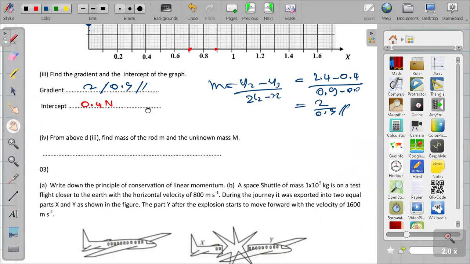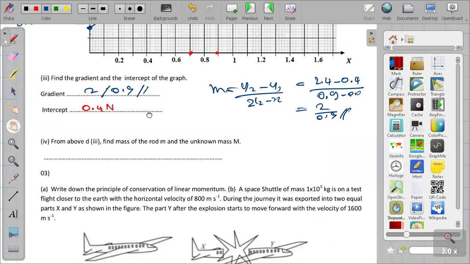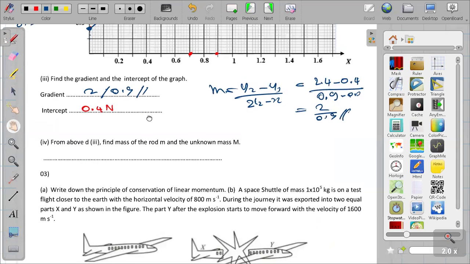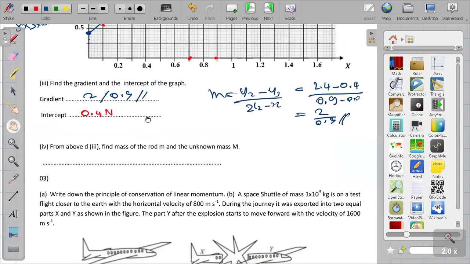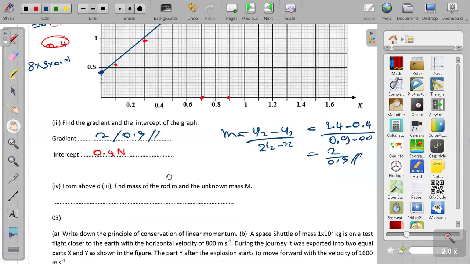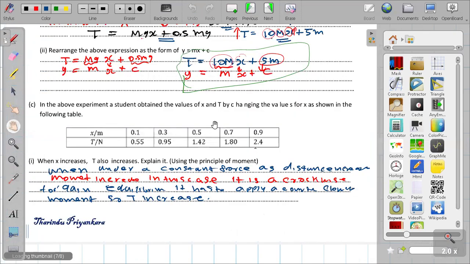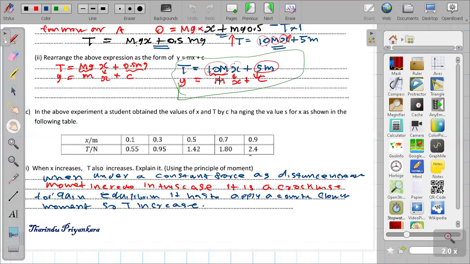From part 2 and part 3, we find the mass of the rod M1 and the unknown mass. What is my gradient here? In the gradient, I have 10m times x. 10m is equal to the gradient.